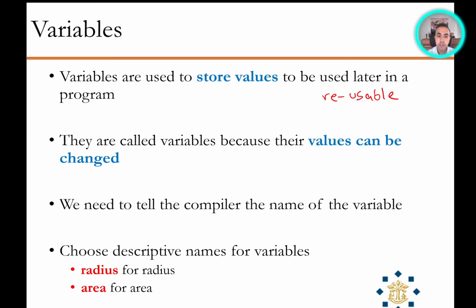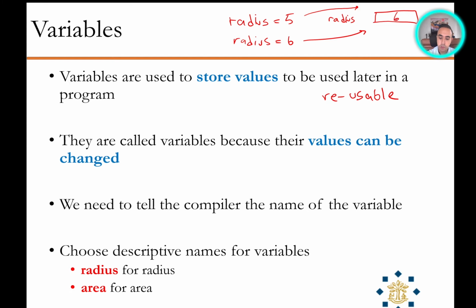So they are called variables because their values can be changed. They're not fixed. So you can have, for instance, radius equals 5, and then radius equals 6. So what happens then? This is the radius box inside the computer's memory. Used to be 5, and then 5 becomes 6.